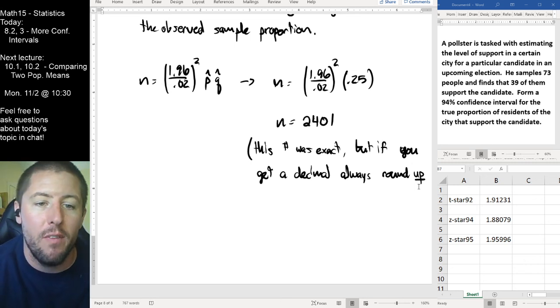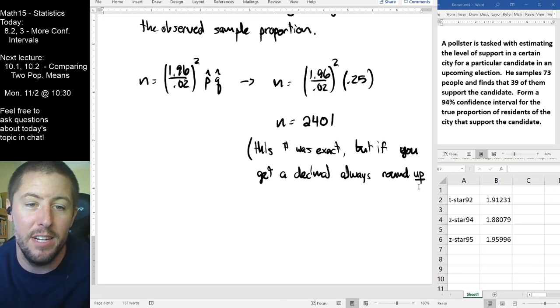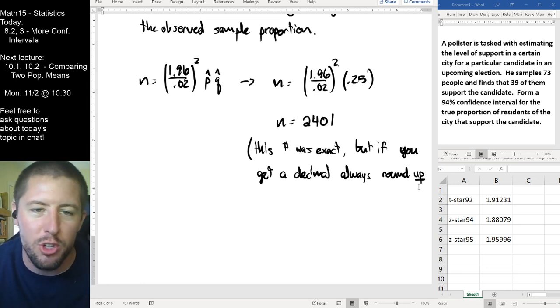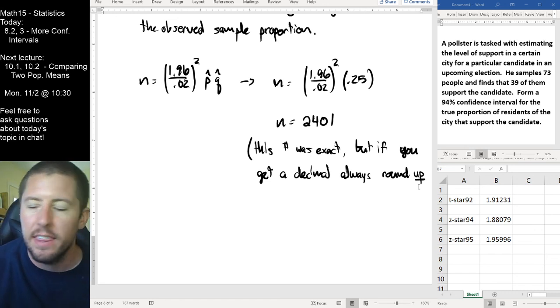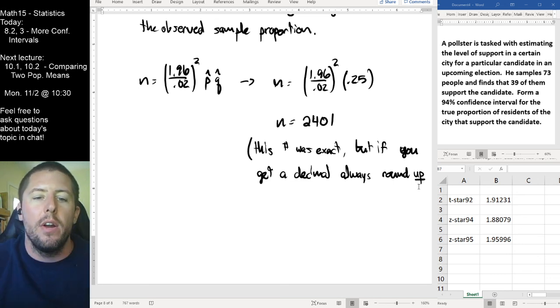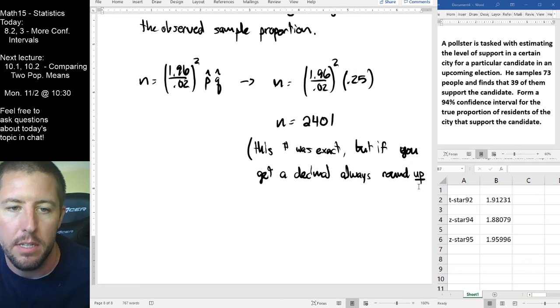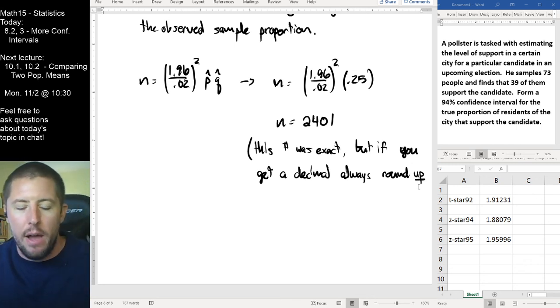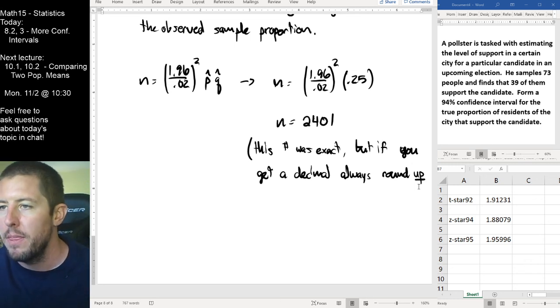That 0.1 would not round down, because 2,400 is not enough. You'd need to get over 2,400.1, and the next highest value would be 2,401. In this case, mine came out clean, exactly like that. But if you were to get a decimal in these cases, you always round up to the next nearest person, not using our typical rounding at 0.5.